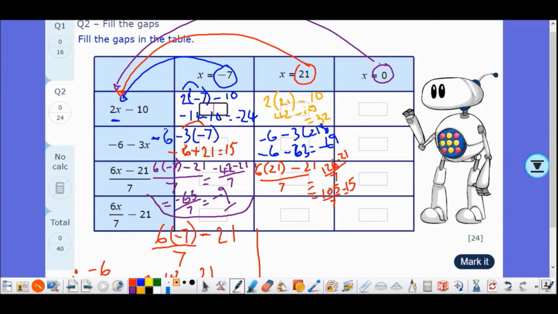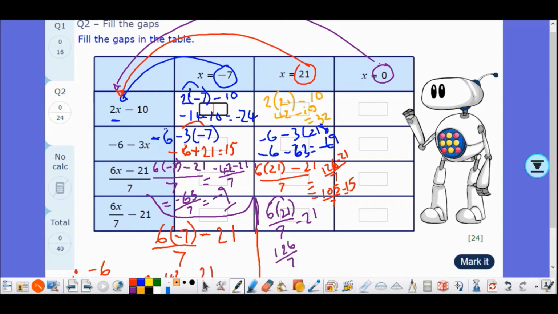And the last one on this particular question, okay, 6 lots of 21 divide by 7, take away 21. Okay, again 6 lots of 21 gives me 126.